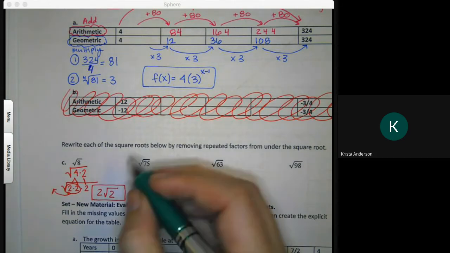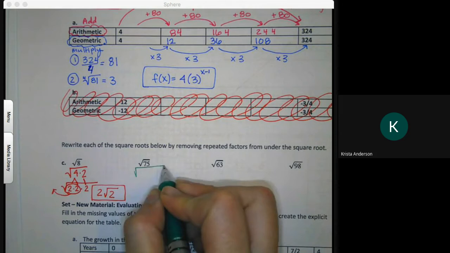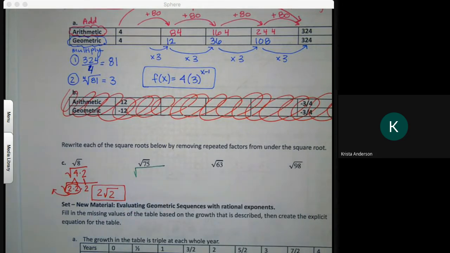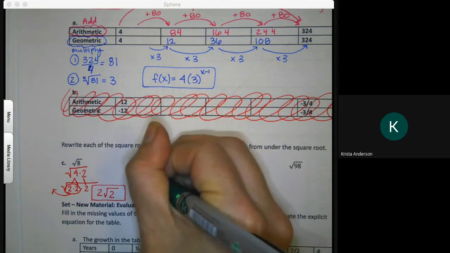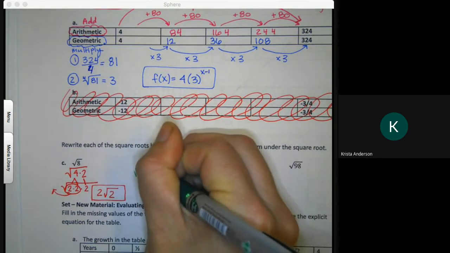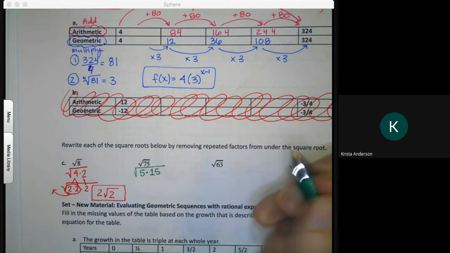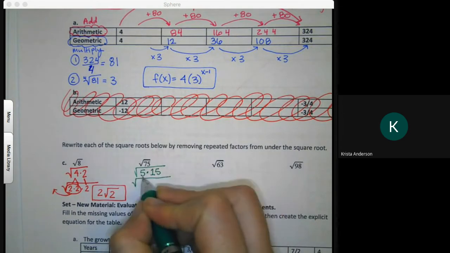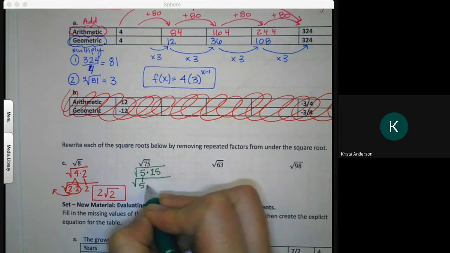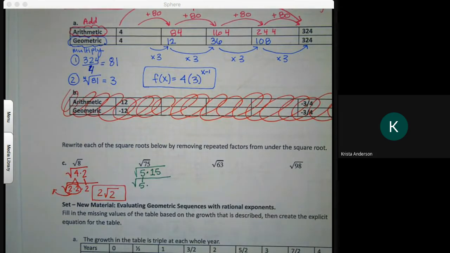Let's try 75. Can you divide 75 by 2? No, it gives you a decimal. Okay. You divide by 5. Yeah, 5 does. 5 times what? 15. Good. Now 5 can't break down, so I just drop it down there. And what is 15 factor 2?